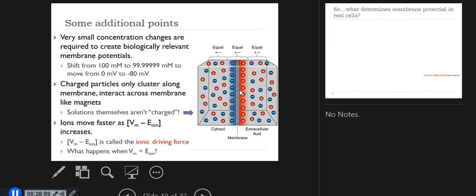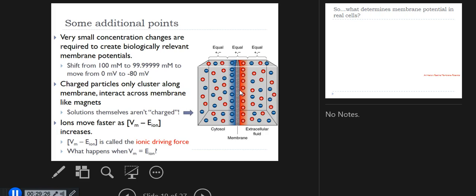And then the final thing I'd like to point out is that ions will move faster as the difference gets bigger between your current membrane potential and whatever the equilibrium potential is of your ion. Sometimes this is referred to as the ionic driving force.